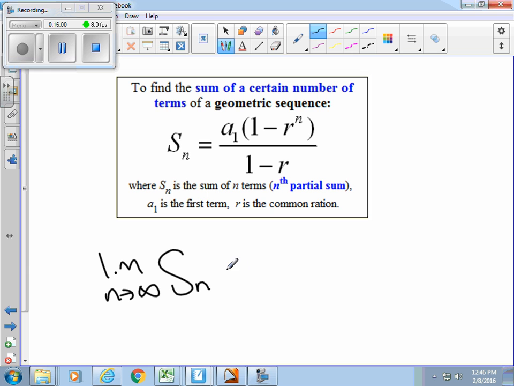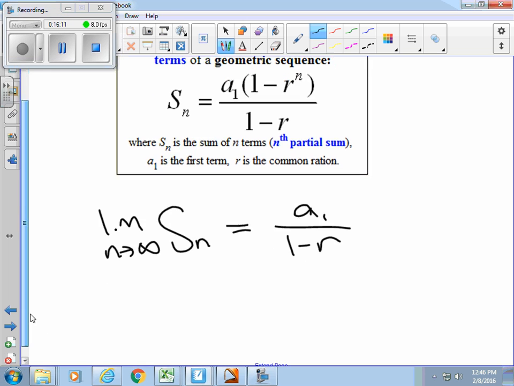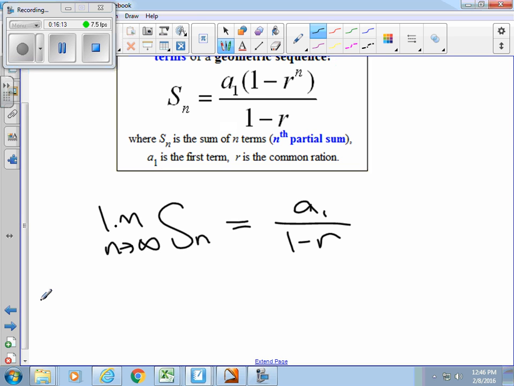And so the infinite sum of a geometric sequence would be a1 divided by 1 minus r. Of course, that only works if r is less than 1. If r is greater than 1, then you would have an infinite answer, right?